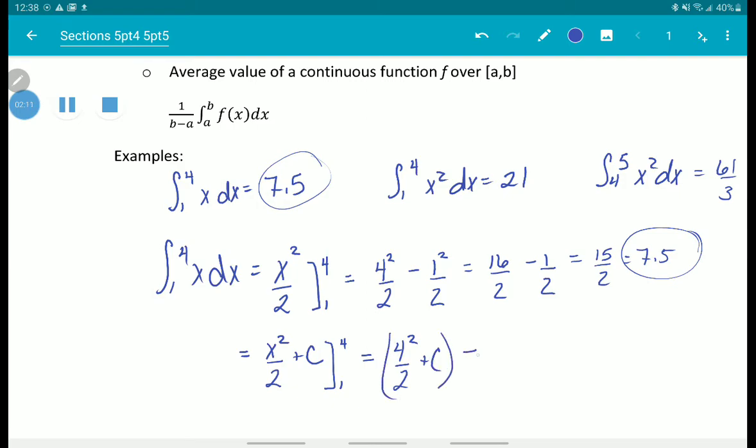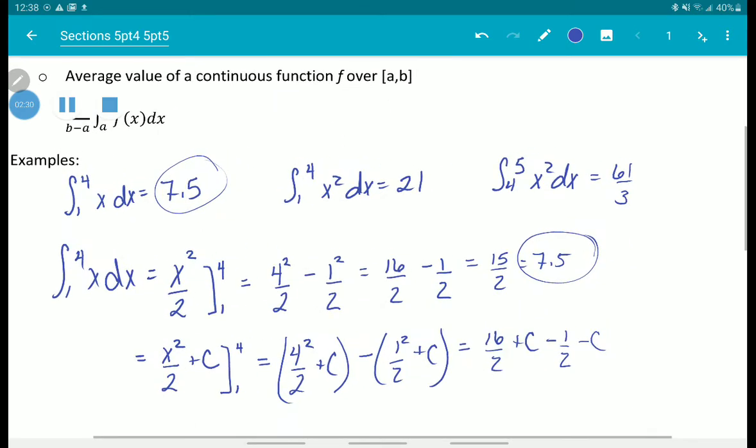And then we would subtract, and then we would plug in the 1. So we would still have 4 squared over 2, which is 16 over 2, plus c, and then minus 1/2 minus c. Look at what happens to those c's. Notice that they cancel out, and that is always going to happen.